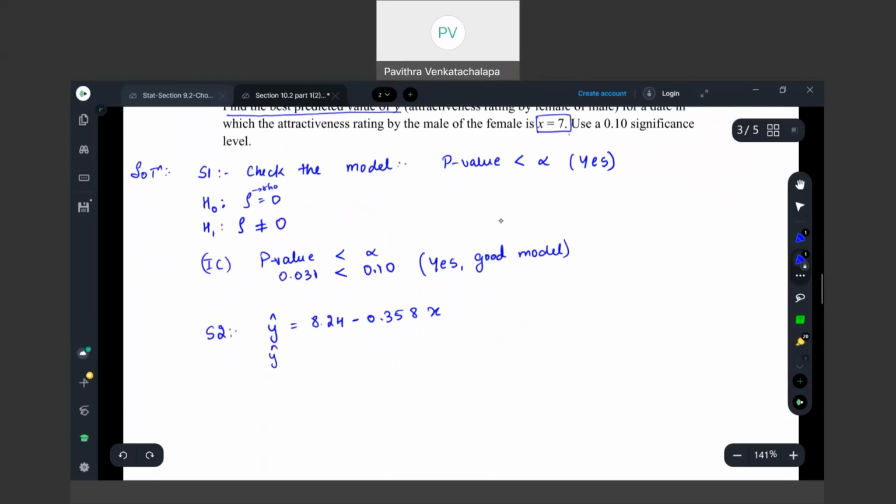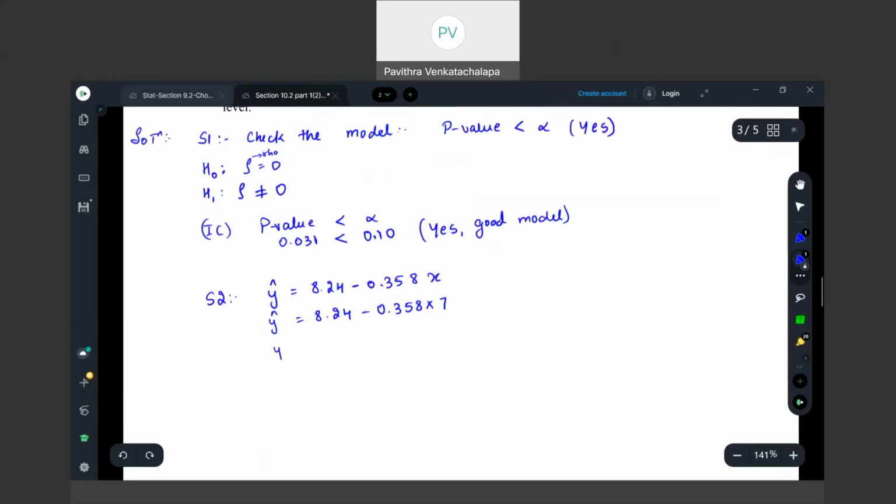So y cap equal to 8.24 minus 0.358 into 7, and that gives you the final answer, 5.734. This is your final answer.